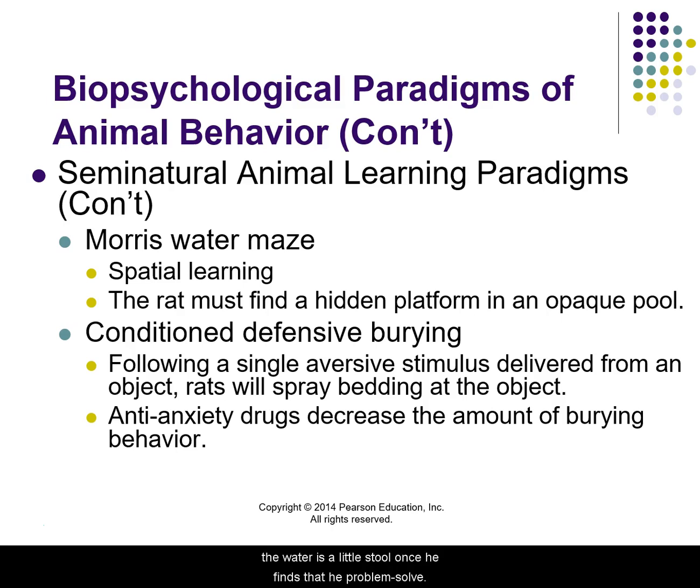Once he finds that, he props himself up out of the water. So what you're doing is you're taking away visual cues, and you're looking at spatial learning and how they navigate in their environment. And we can actually look at removal, again, lesioning certain areas of the brain, and see how their spatial learning is affected.